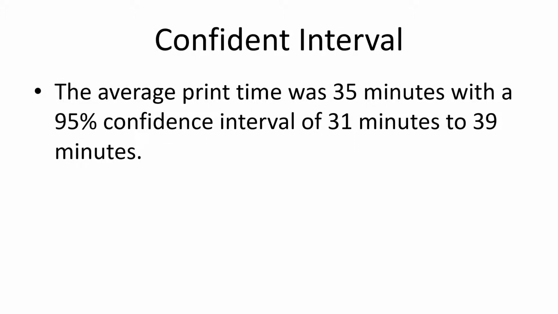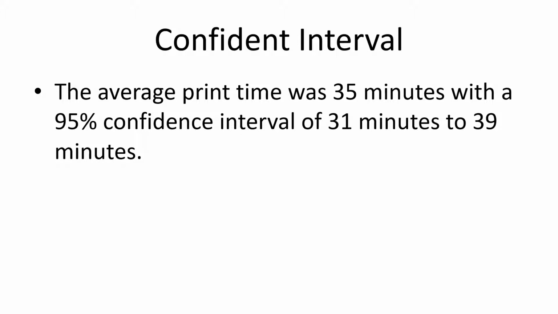Now, the confidence interval for our printer test: the average printer time was 35 minutes, with a 95% confidence interval of between 31 to 39 minutes. So that means that over 2 standard deviations, we have the possibility of getting either a print time of 31 minutes to 39 minutes.